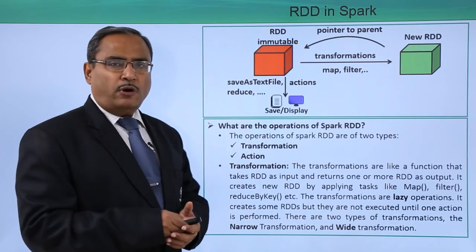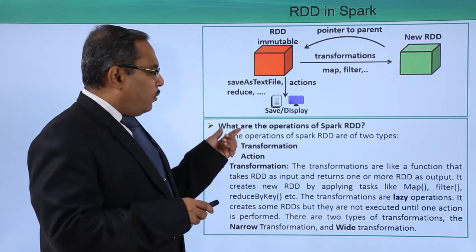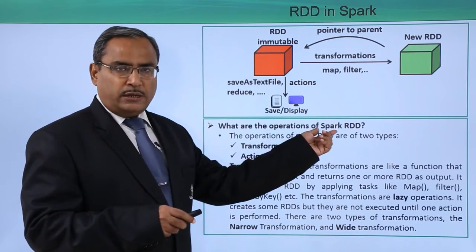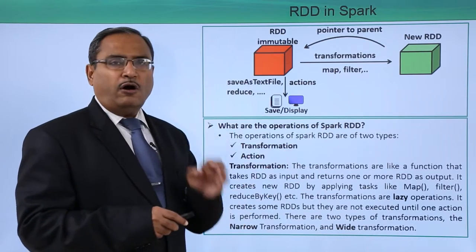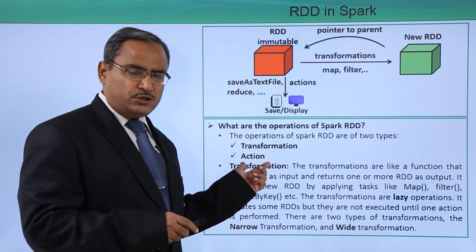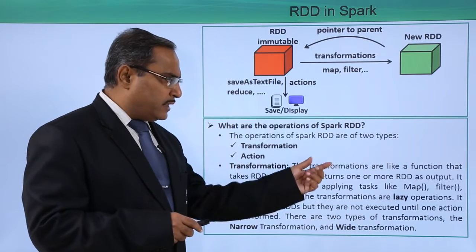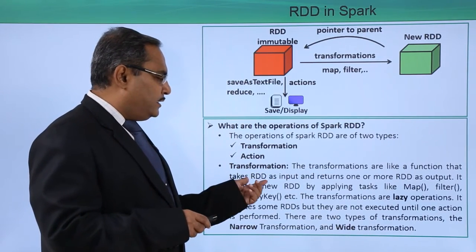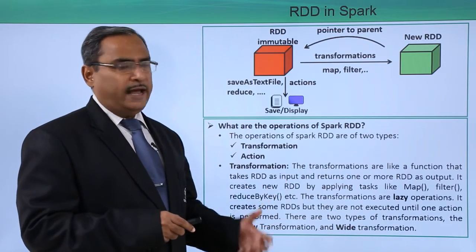First we are going into these two different operations in detail. So what are the operations of Spark RDD? The operations of Spark RDD are of two types. The first one is the transformation and the next one is the action. Transformations are functions that take an RDD as input and return one or more RDDs as output.